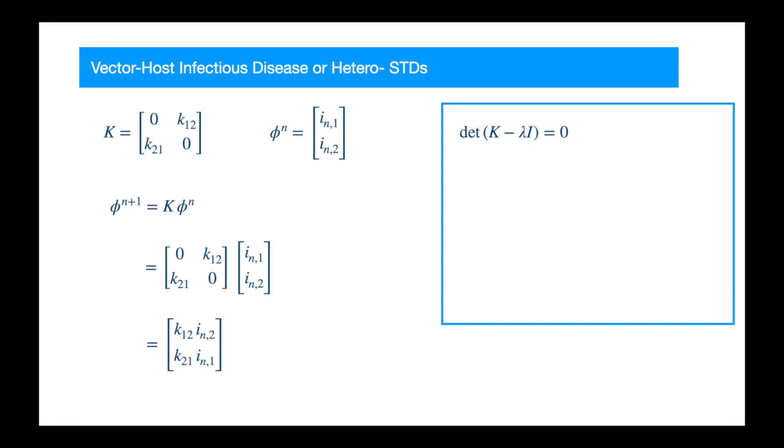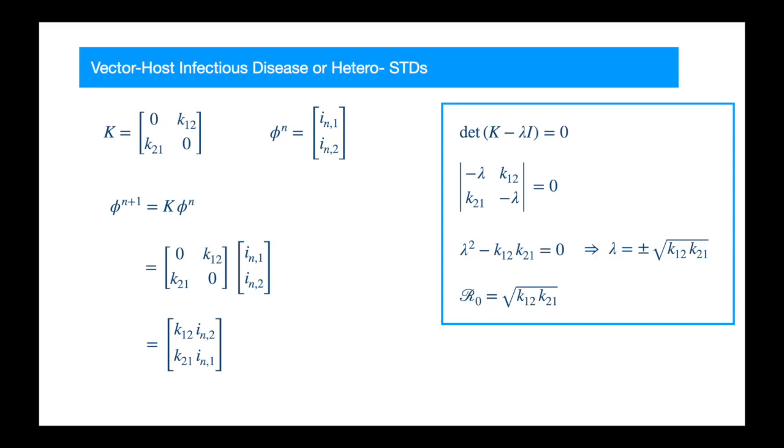So for our matrix K, it becomes, now the determinant of a 2 by 2 matrix is just the difference of the product of the cross terms, and then you isolate lambda on one side and you have the eigenvalues. We are interested in the positive one, so you can see the reproduction number is the average over 2 generations, which makes sense because the transmission cycle is 2 generations, human to mosquitoes and back to human.